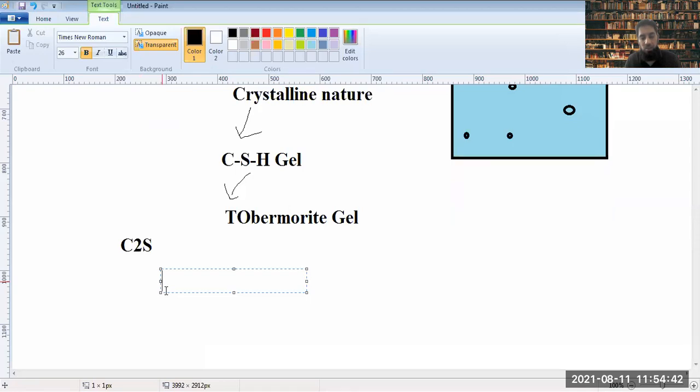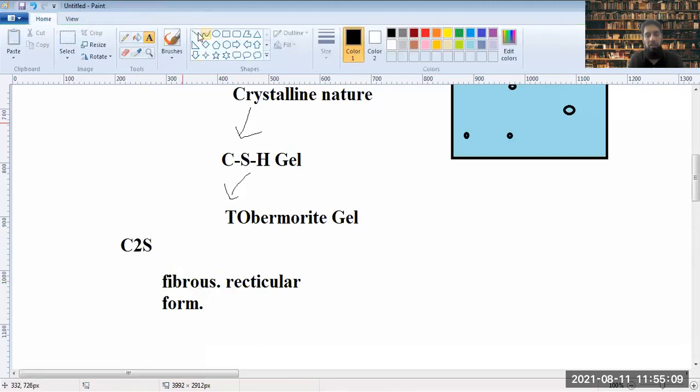Calcium silicates जो होते हैं ये they exist in variety of forms या crystalline forms. They can be fibrous crystalline form, rectangular form. So it's actually a network, a crystalline network, a rectangular crystalline network. Then there is an irregular form which has got no formation.